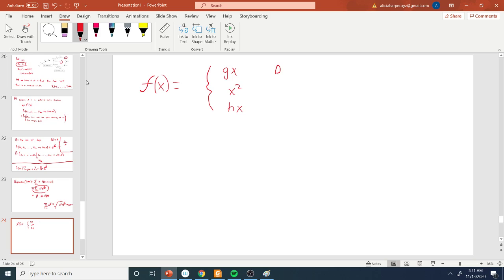The first one is for x less than p over 3. The second one is for x greater than p over 3, but less than 2p over 3. And the last one is for x greater than or equal to 2p over 3, but less than p.